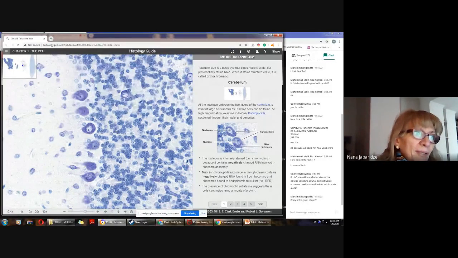For example, here you see two types of neurons. This is Purkinje cells. Look, this one. And these ones are granular cells. Both of them are neurons.